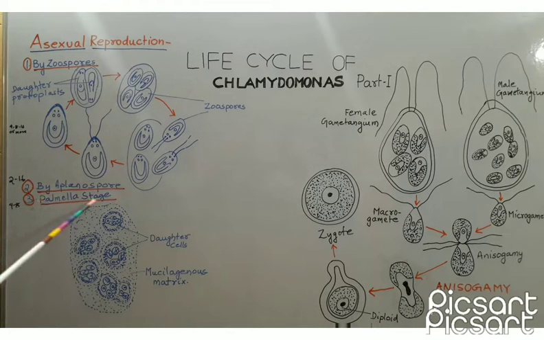So, in this palmella stage, the protoplast present inside the parent Chlamydomonas divides to form 4 to 8 daughter protoplasts. This daughter protoplast can also divide again to form a large number of daughter protoplasts. All of them remain enclosed in a common mucilaginous matrix.